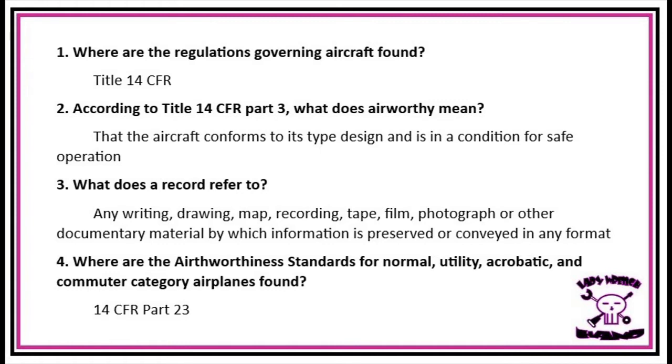Number 3. What does a record refer to? Any writing, drawing, map, recording, tape, film, photograph, or other documentary material by which information is preserved or conveyed in any format.